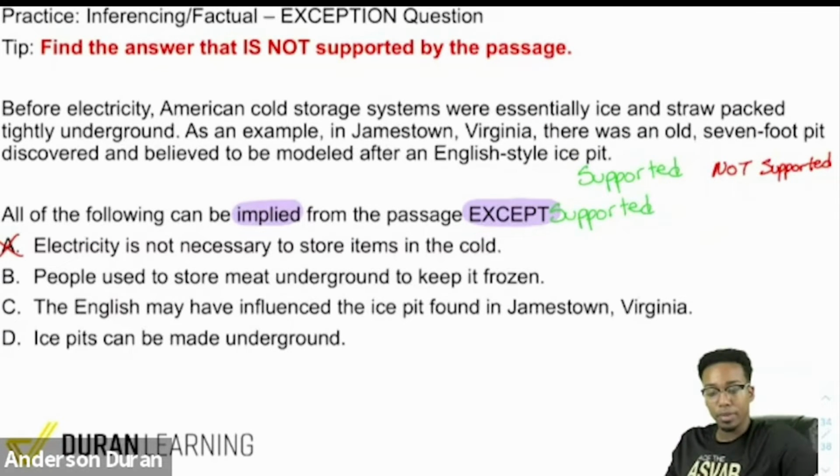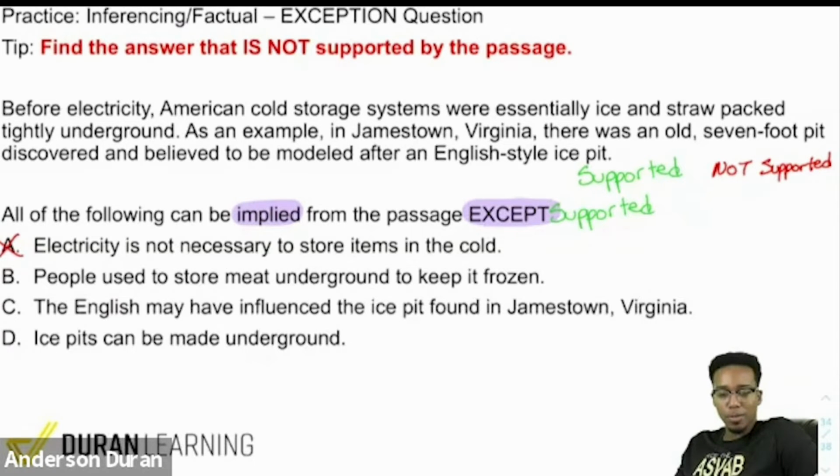All right. Next, B. B says people used to store meat underground to keep it frozen. All right. People used to store meat underground to keep it frozen. Angela says insufficient information. Is Angela correct here?